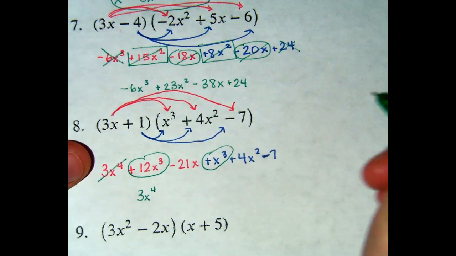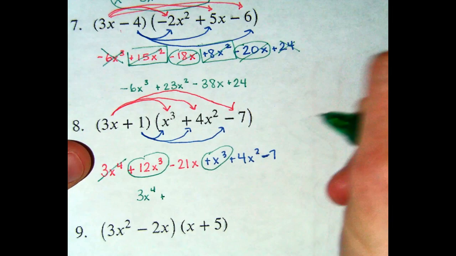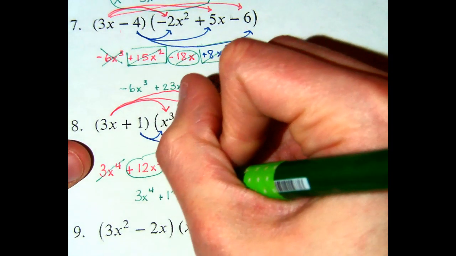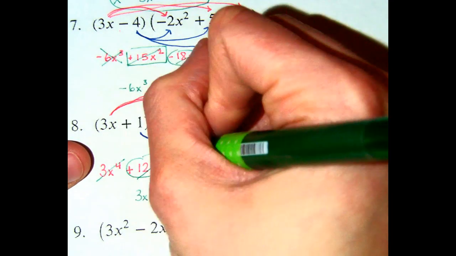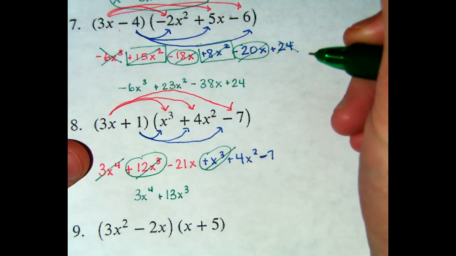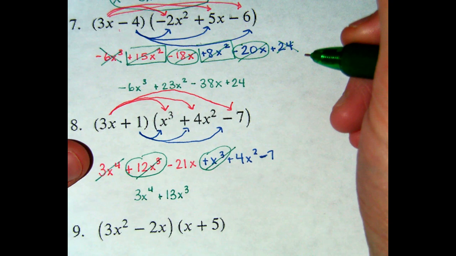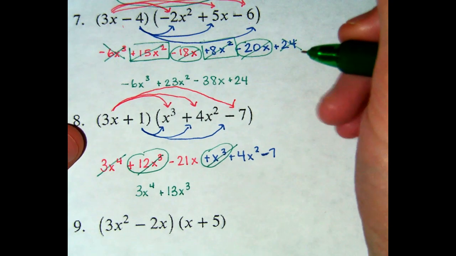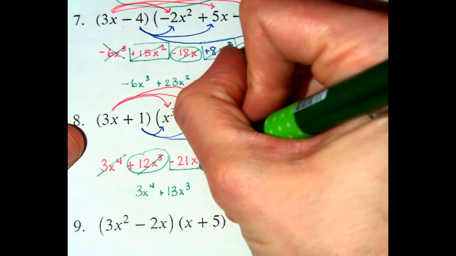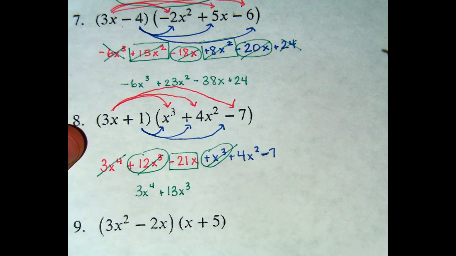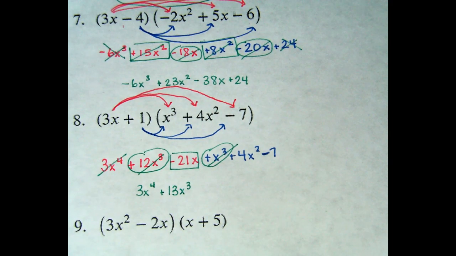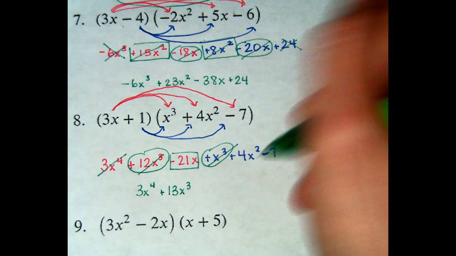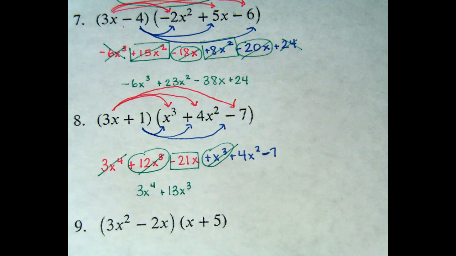Which is 13? 13? Okay. Do I have another like term? Negative 21x? Oh, what's the problem with positive 4x? It's got the square on it, so I can't put them together.